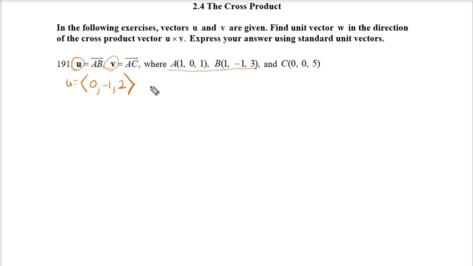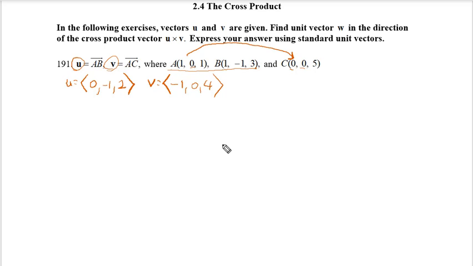And the vector v is going to be from A to C, which is 0 minus 1, 0 minus 0, and 5 minus 1. Now we need to do the cross product.